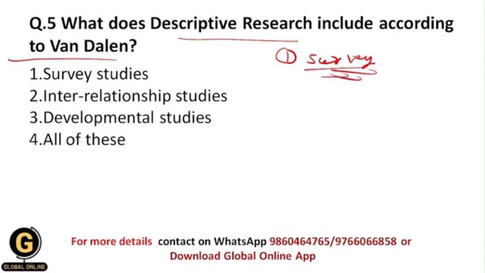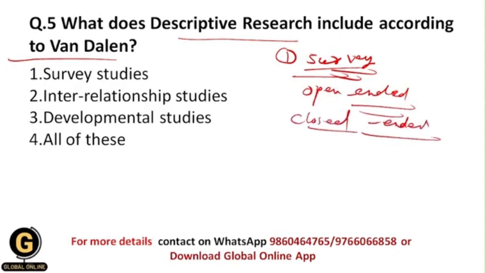In survey studies, we deliver open-ended questions in which we get descriptive answers, and we also include closed-ended questions from which we get closed answers. Basically we provide choices for the closed-ended questions, and we get the answers from those choices.